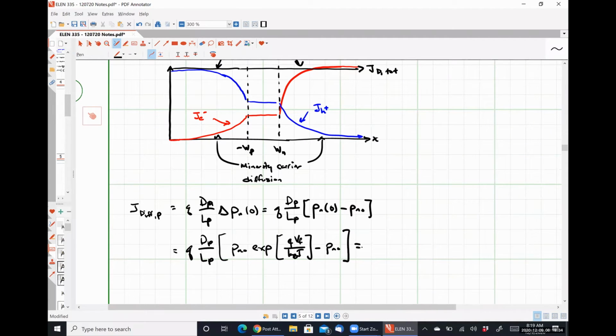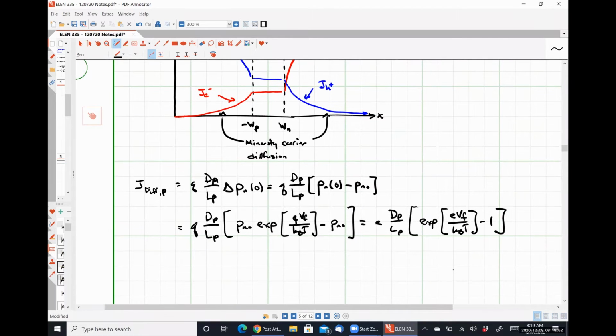Finally, our result for our holes is Q DP LP PN naught EXP QVF divided by KBT minus 1.